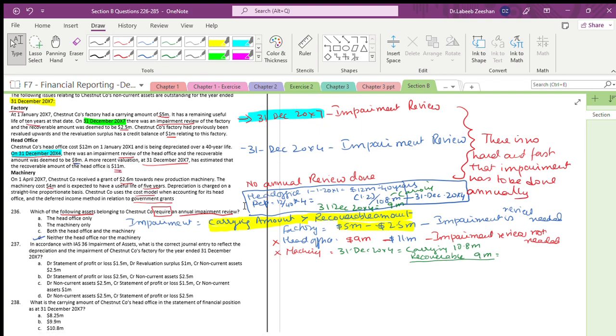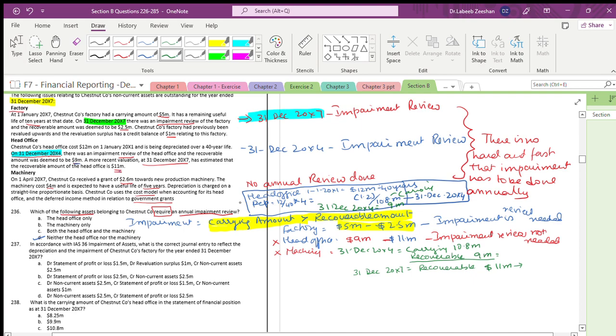Now on 31st December 2007, the recoverable amount is how much? 11 million. Here, the recoverable amount is more by default.